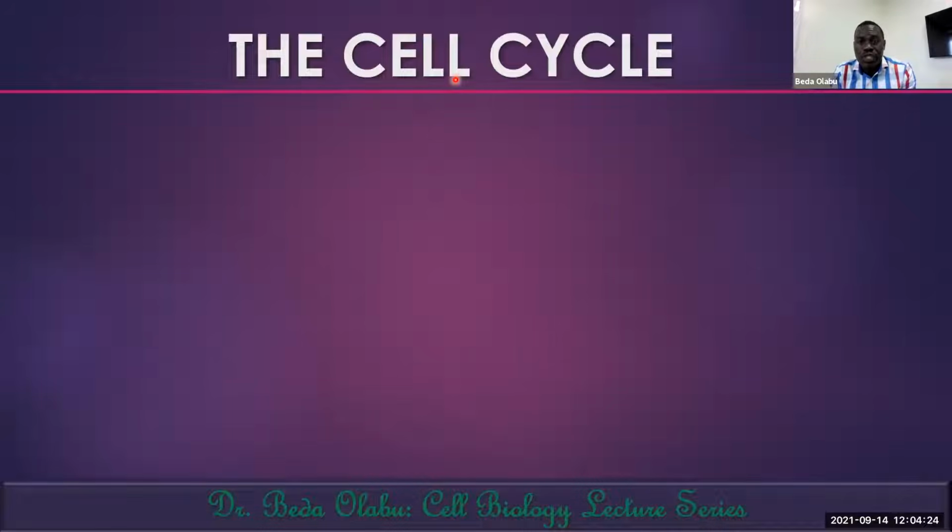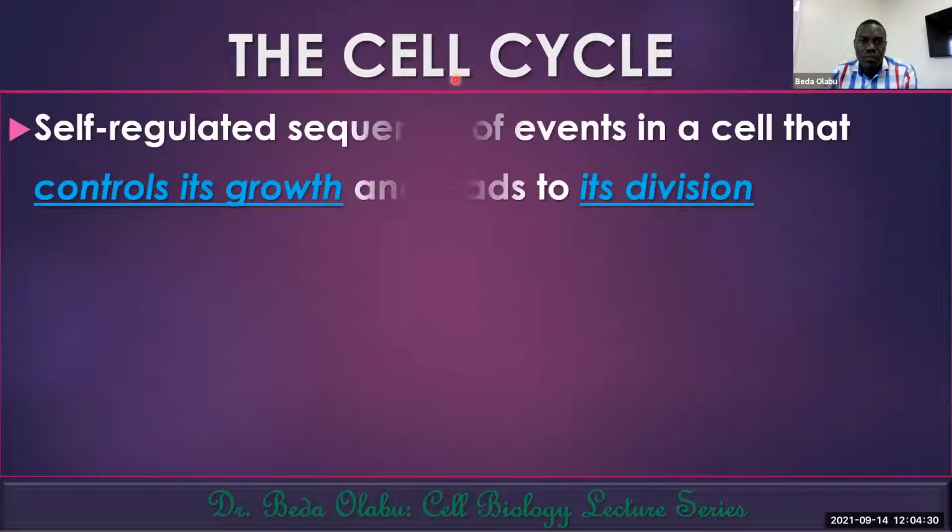Perhaps it's important that we start with the definition of cell cycle. We define cell cycle as a self-regulated sequence of events that occur in a cell. And this self-regulated sequence of events is aimed at two things.